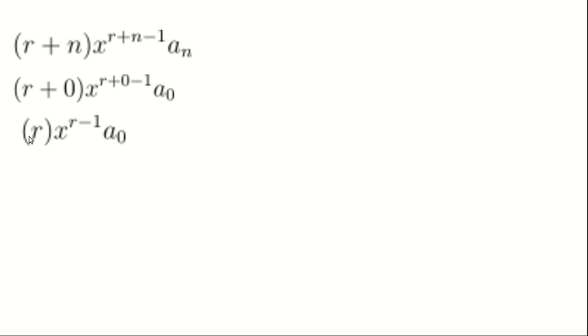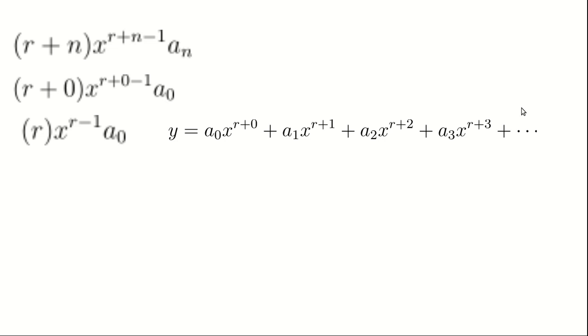From these parts, we notice that if we expand our original y, x raised to r minus 1 cannot be found within that part. For instance, let's assume our y has this form, a naught x^r plus this. You notice that we have x^(r+0), x^(r+1), down to infinity.